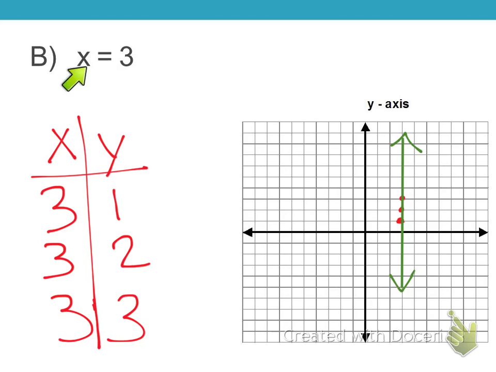So if it's an x equals line, it's going to go through the x-axis at 3. So if you drew it this way, it would be the x-axis. We don't want to be the x-axis. We want to go through the x-axis. Okay? That's how I keep these straight. Which one's up and down, which one's side to side.